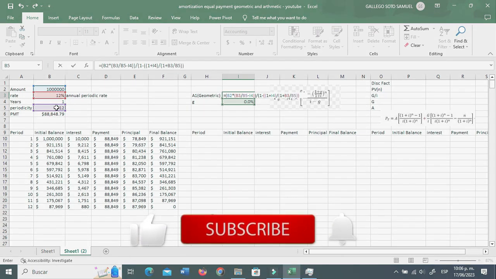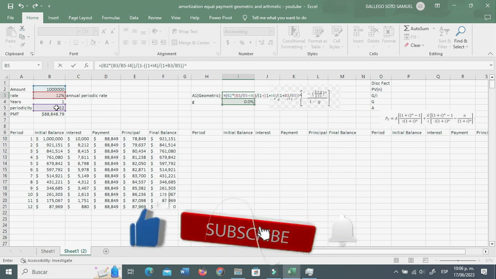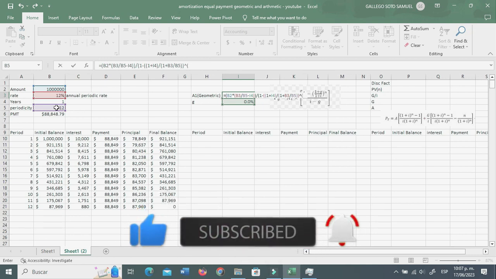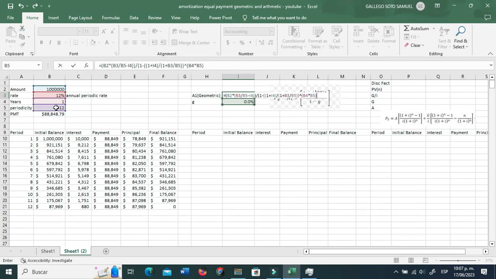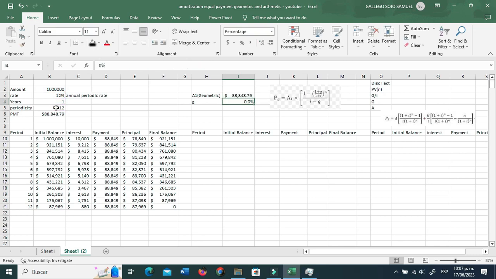And then we close both, and we take that to the n power, and that n power is going to be the years times the periodicity. Don't worry about this. If you go to my coffee site, you're going to be able to download this, so you don't have to worry about all this formulation.